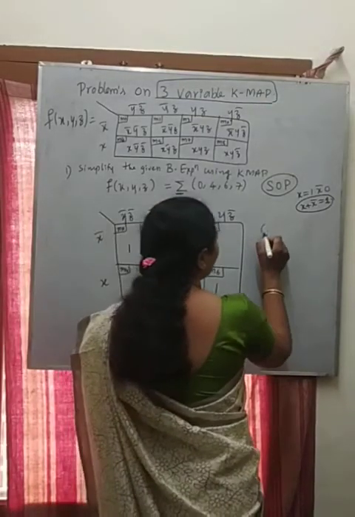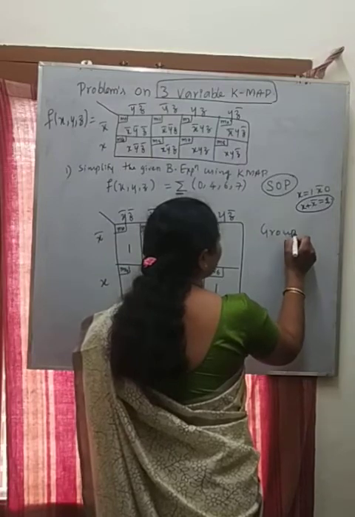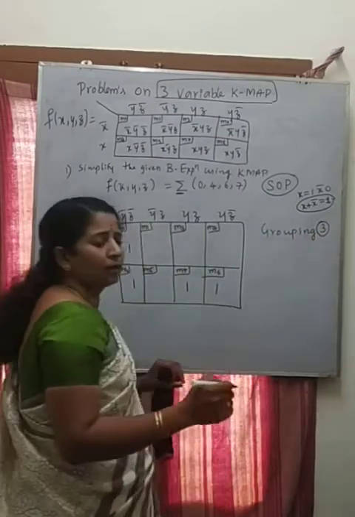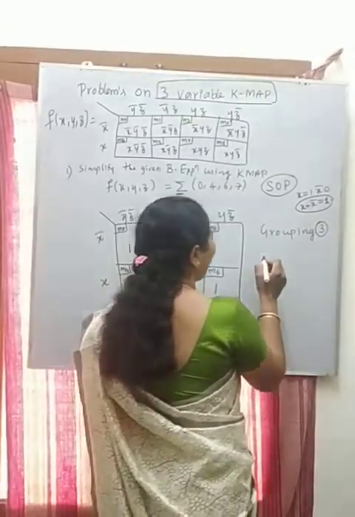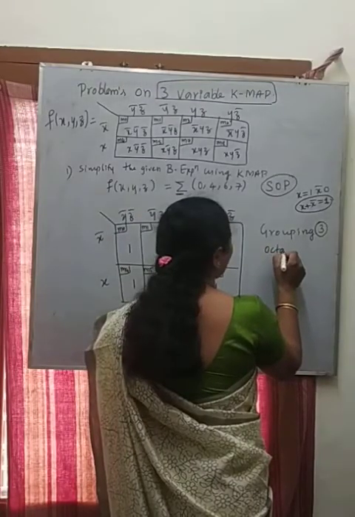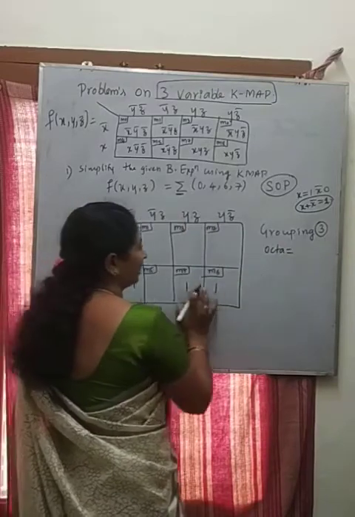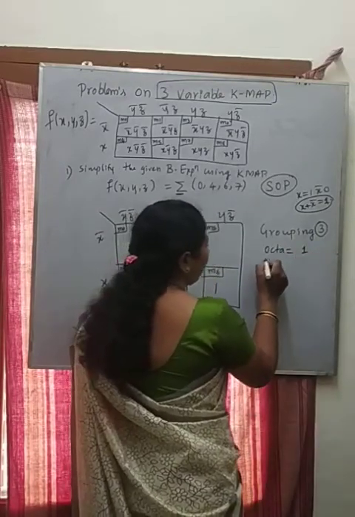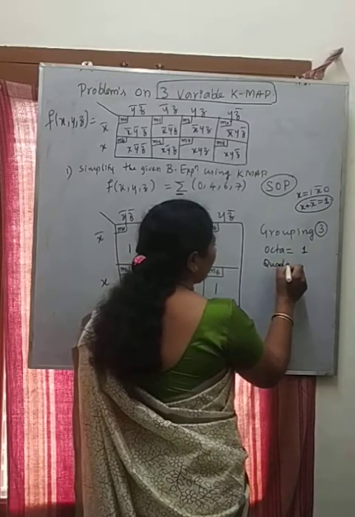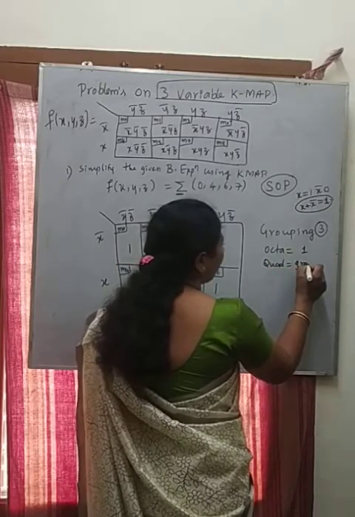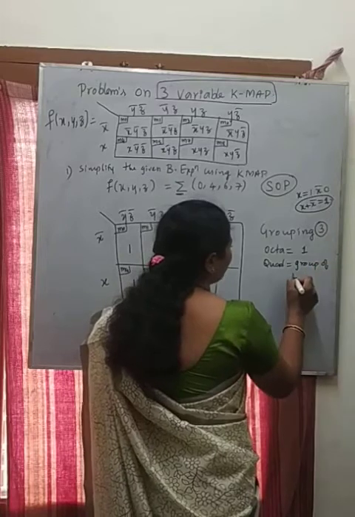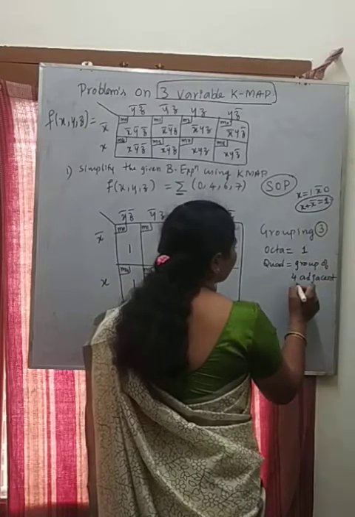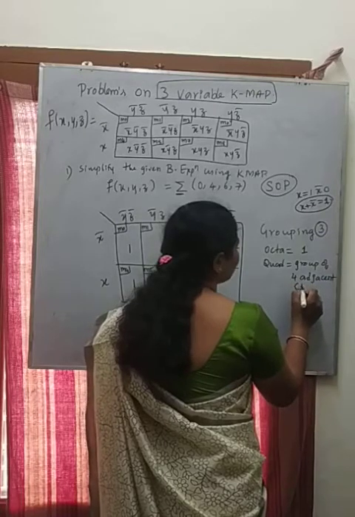That is nothing but grouping. Grouping of 3 variables: the maximum group is octa when all are present. That gives a reduced variable as 1. Another one is possible, that is quad, a group of 4 adjacent cells or 4 adjacent cubes.